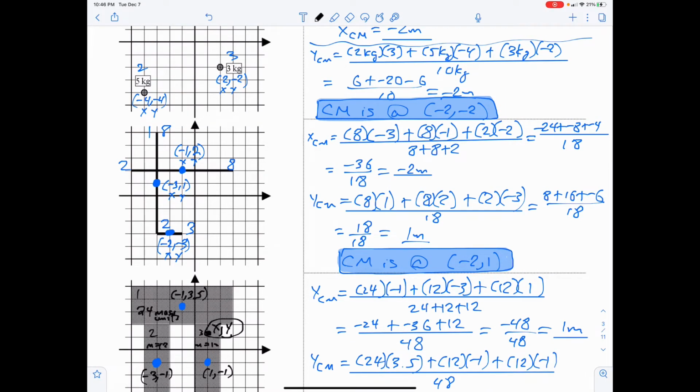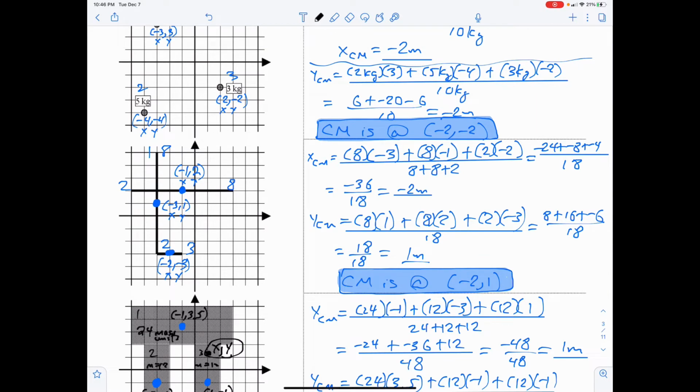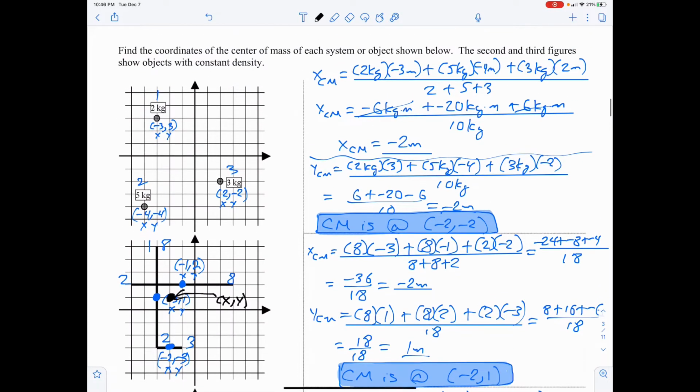For this one, it's over 2, up 1, so it would be exactly right there. Right there's your XY center of mass. And then finally, over 2, down 2 right here would be your XY coordinate point for your center of mass.